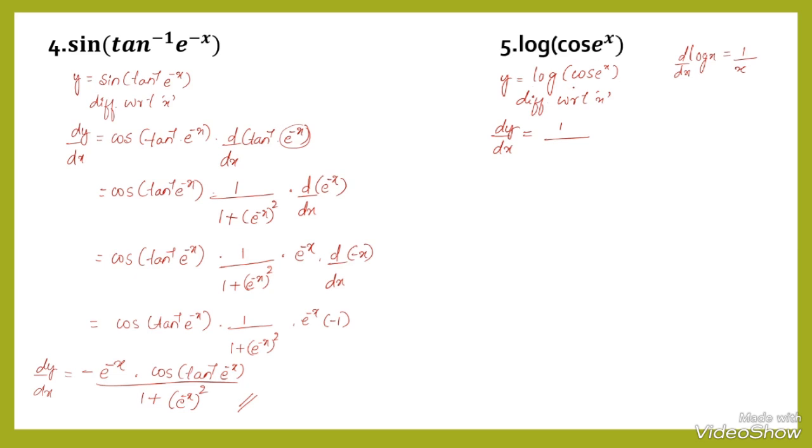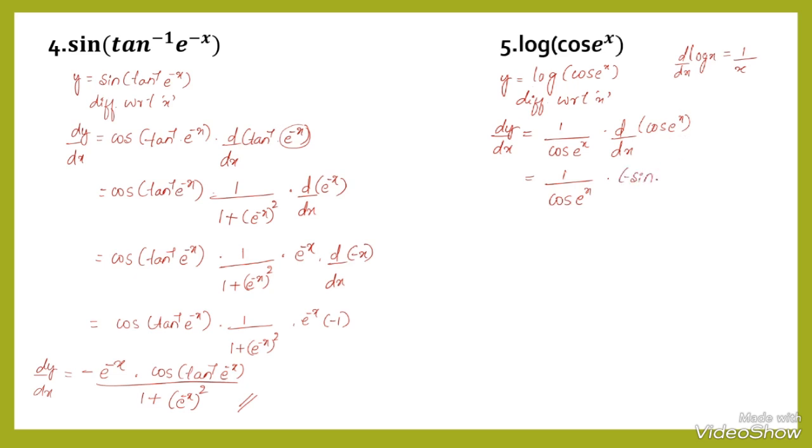In place of x we have cos of e to the power x. So I can again differentiate d by dx of cos e to the power x. Now 1 divided by cos of e to the power x. Again, differentiation of cos function, differentiation of cos x will be minus sine x.